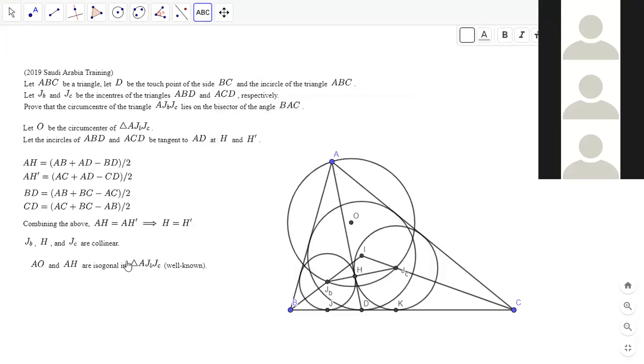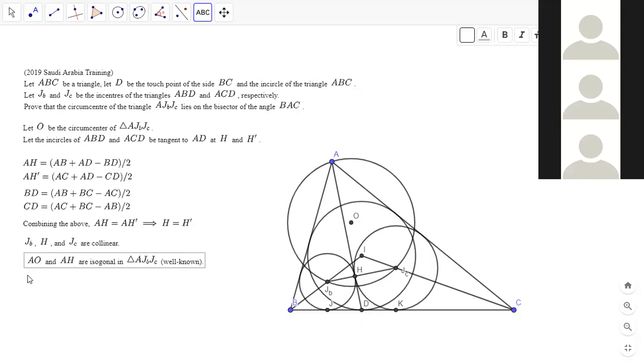And so then basically angle JCAO, we want to show as angle JCAI, but JCAO is JBAH, which is half of BAD.